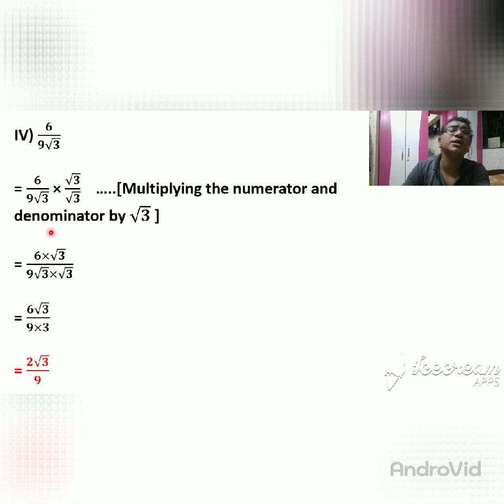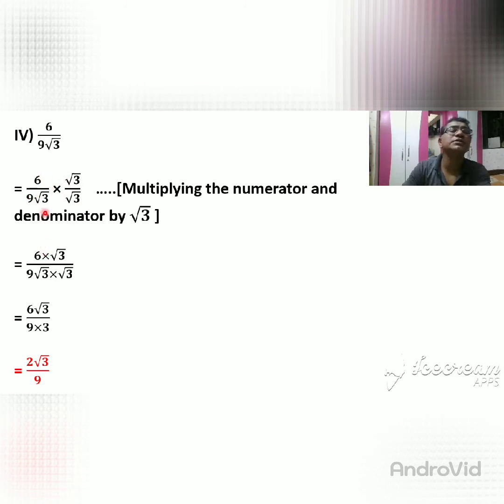If someone doesn't understand, then again, 9 root 3 is the number given here. 6 upon 9 root 3 is the number. So this root 3 is the denominator. So that root 3 can be multiplied to the numerator as well as denominator. So why is this root 3 multiplied to the denominator? Because when root 3 into root 3, then this root sign of the 3 can be removed and there remains 3. That is called rationalization. So for rationalization, we multiply root 3 in the denominator, and you multiply root 3 in the numerator.